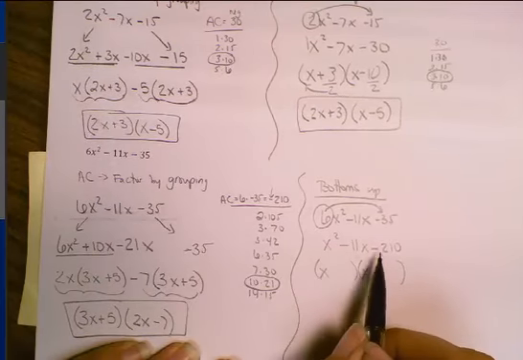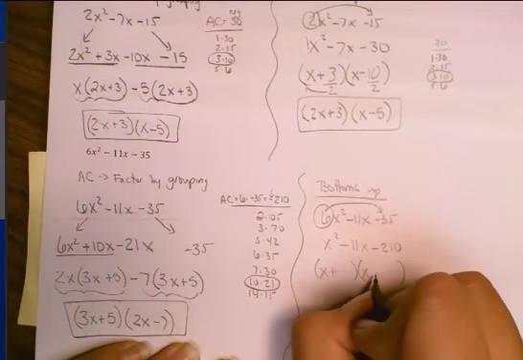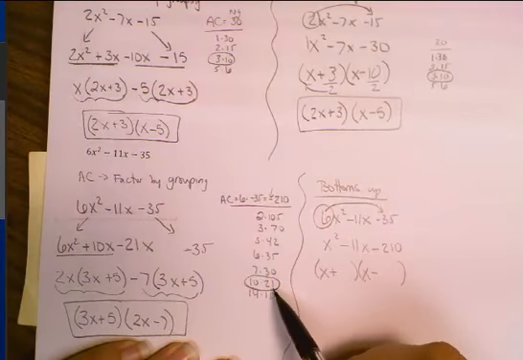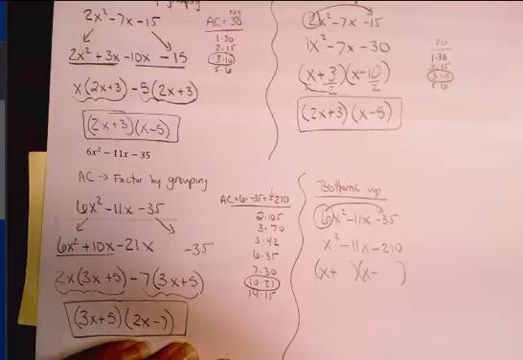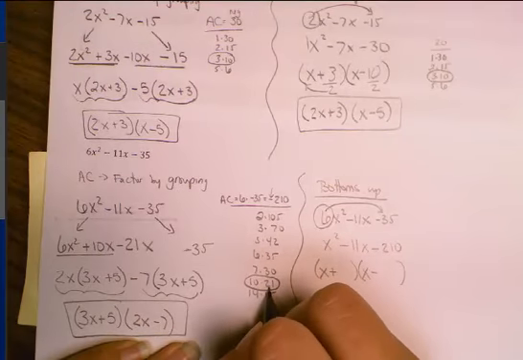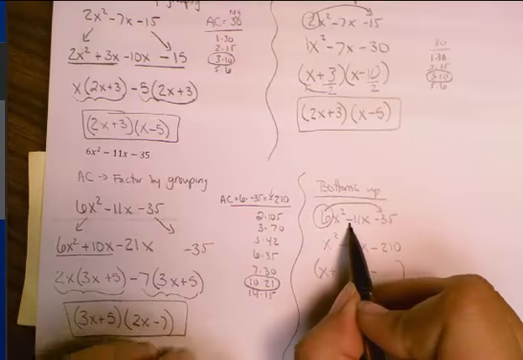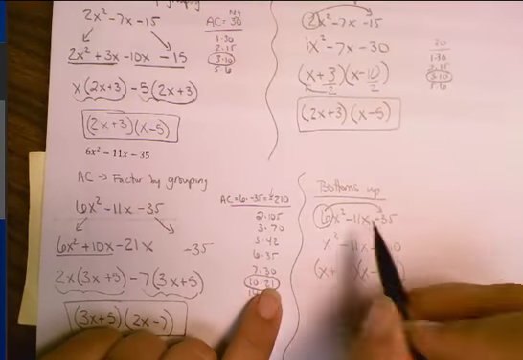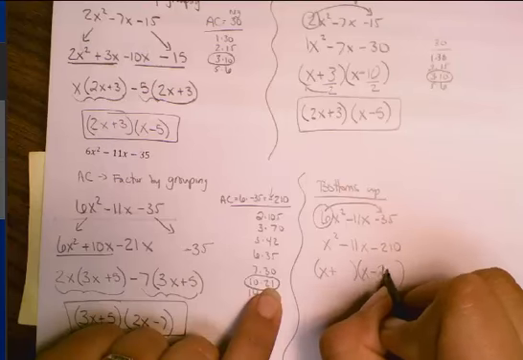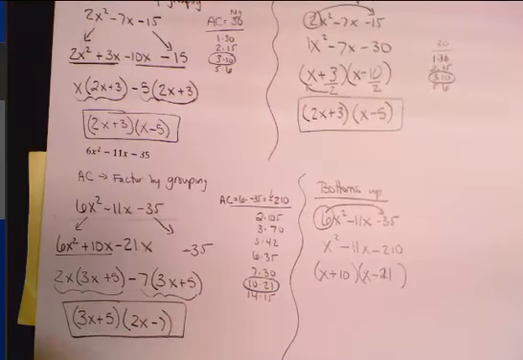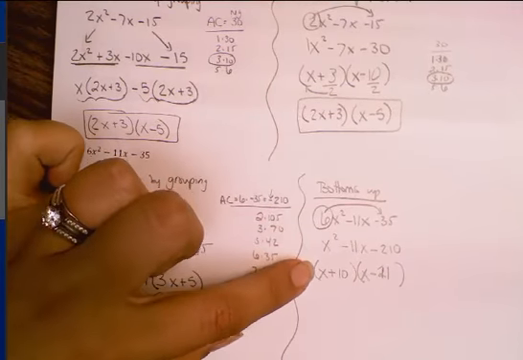So we get x times x in the front. This sign tells me we have a positive and a negative. Okay, and then looking at this list of all the numbers that multiply to 210, it turns out again that 10 and 21 are the two numbers that give us 11. Since it's a negative 11, the larger number goes with the negative number. Okay, so there we factored that trinomial.